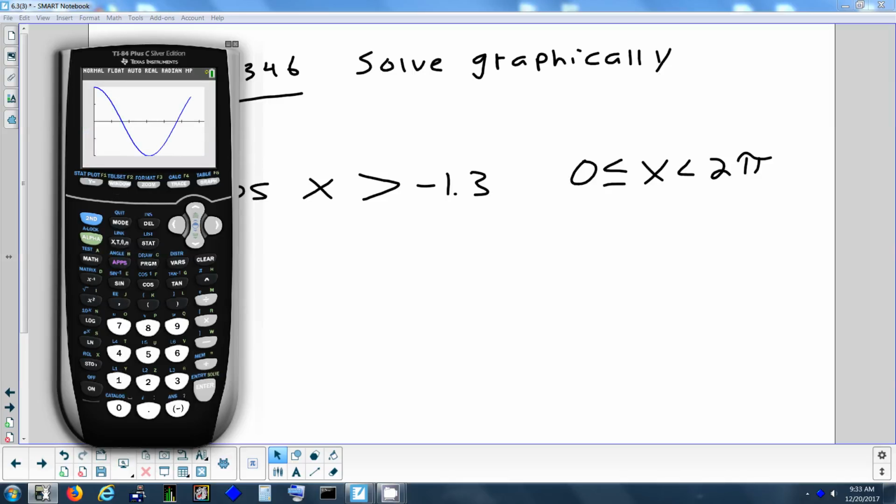Okay, so there's our cosine graph, and we're looking for where the cosine graph is greater than negative 1.3. So first thing I want to ask is, does that ever happen? Jane? Yeah, it does happen. Because if it didn't happen, then we'd say no solution. But it does happen.